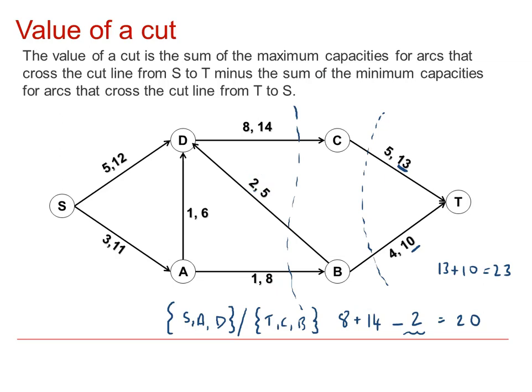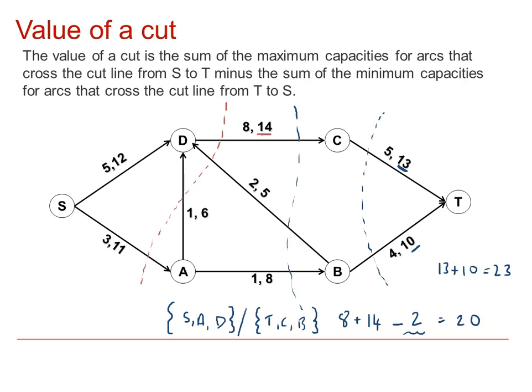Let's consider one other example of that. So here's another cut, this time dividing the set with the source set S, D and everything else in the sink set. So remember, we're looking at the maximum capacities going from source into sink.